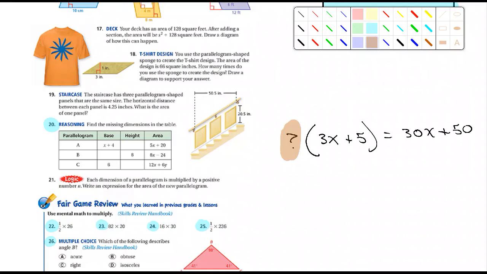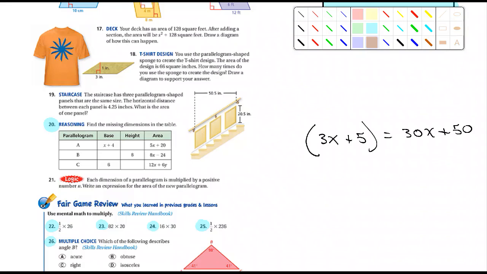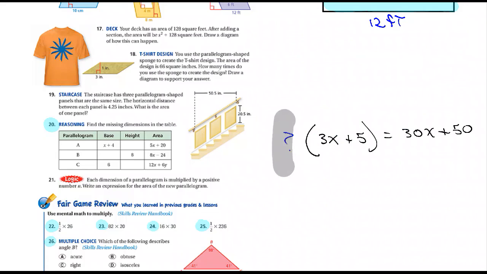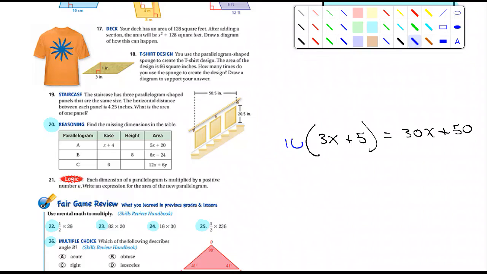So in this problem right here, we don't know what's supposed to be on the outside of the parentheses, but we do know that whatever it is, if I multiply it by 3x, I get 30x. What do you think that would be, Miss Russell? 10. Yeah. And this is a pretty easy example I gave you here. It would be 10. So 10 times 3x is 30x, and 10 times 5 is 50.